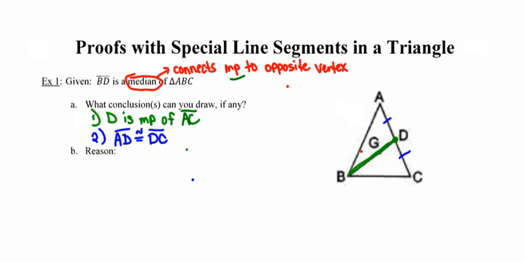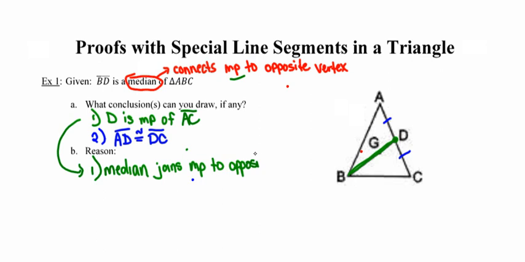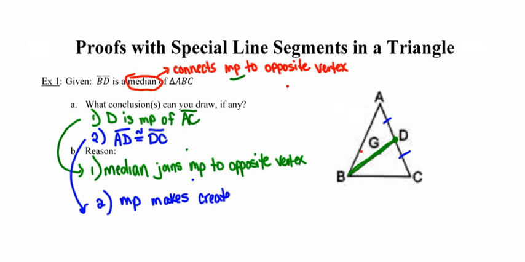As far as my reasoning is concerned, I know that D is the midpoint of AC because the median connects or joins the midpoint to the opposite vertex. I'm able to draw the conclusion about the segments being congruent because I know that a midpoint makes, forms, creates, however you want to say it, two congruent segments.